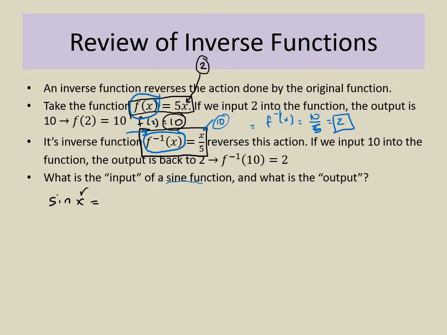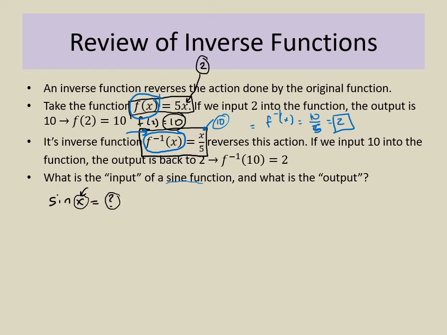What do we usually have here? And what is the output? I want you guys to pause the video and think about this for a little bit. What kind of numbers do we usually put here as the input of the sine function, and what numbers are the output of the sine function? Pause the video and think about this for a minute.